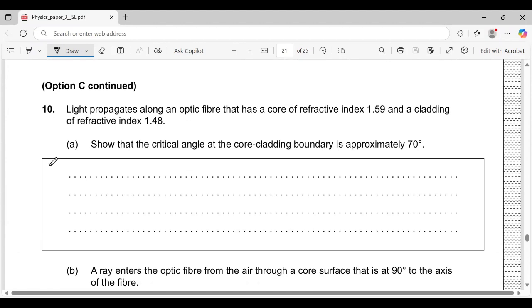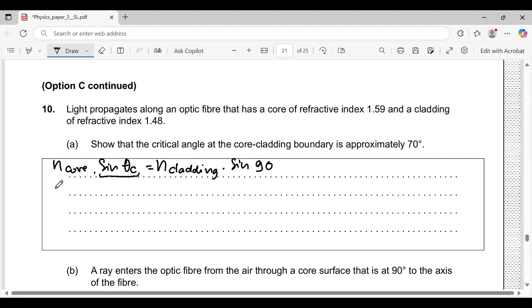And the equation is n core times sine theta C equals n cladding times sine 90.